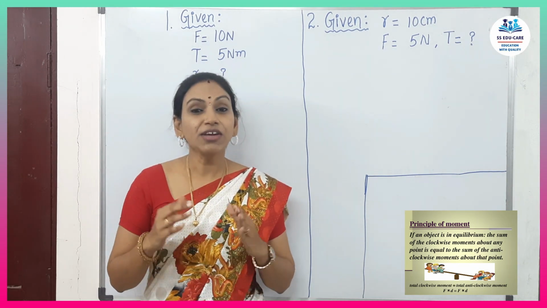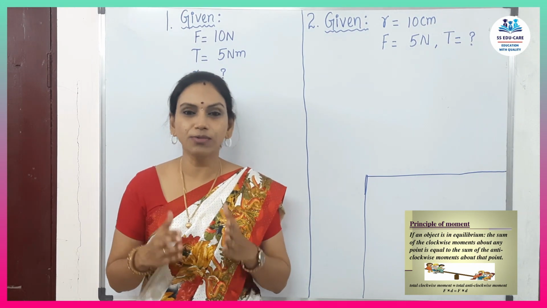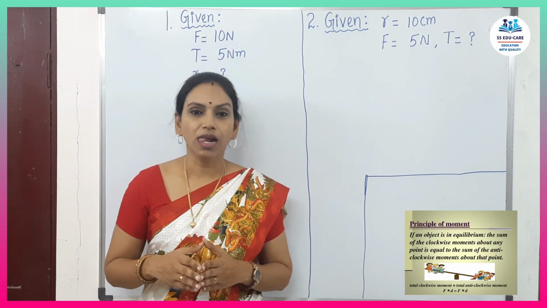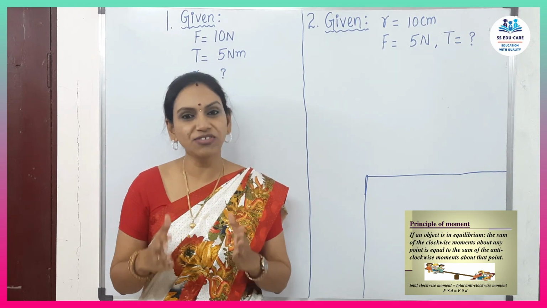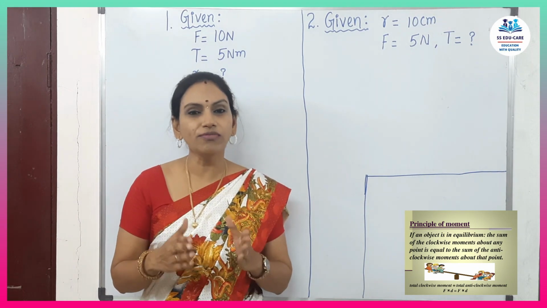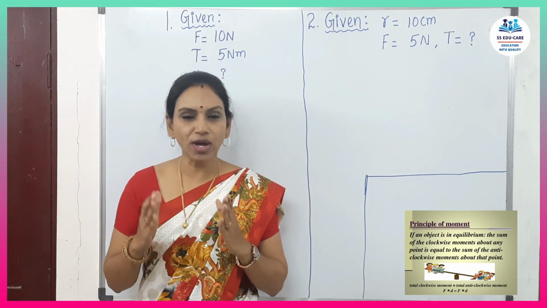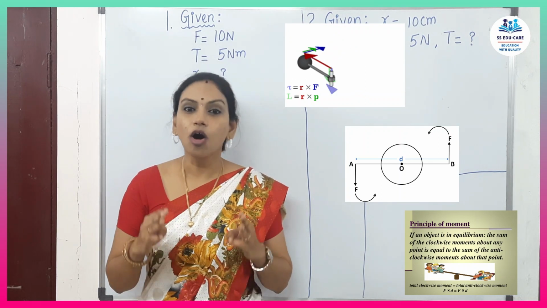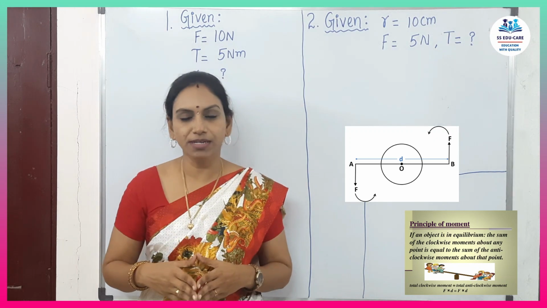Then, if weights are given in the question, W1 into R1 is equal to W2 into R2. In general, the principle of moments is defined as the sum of clockwise moments is equal to the sum of anti-clockwise moments. Those are the three formulas on which we will be solving the numericals of this chapter.